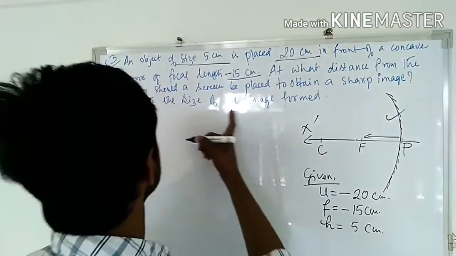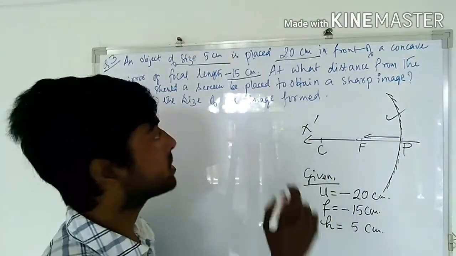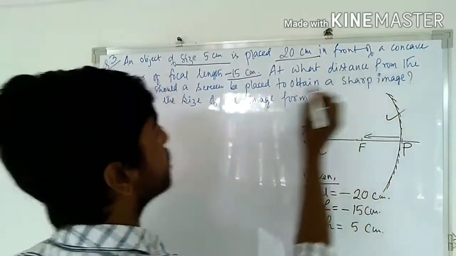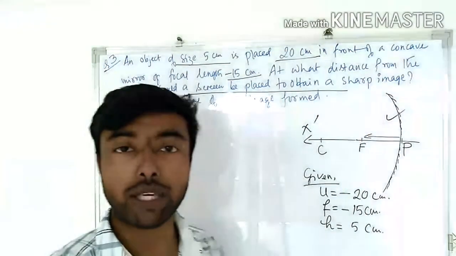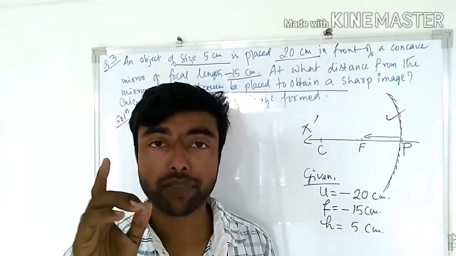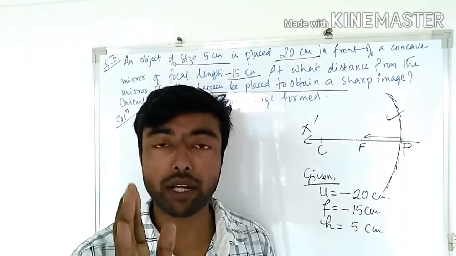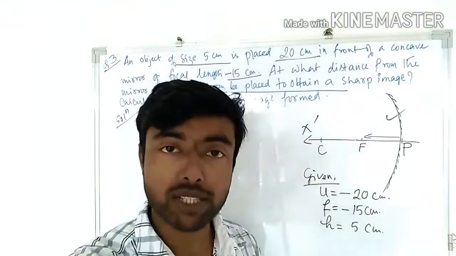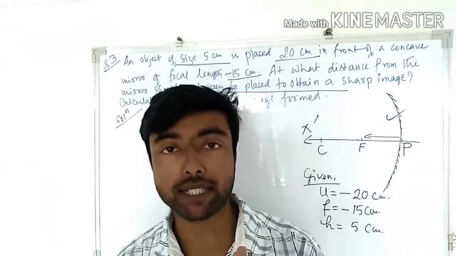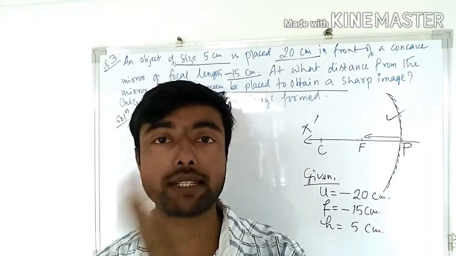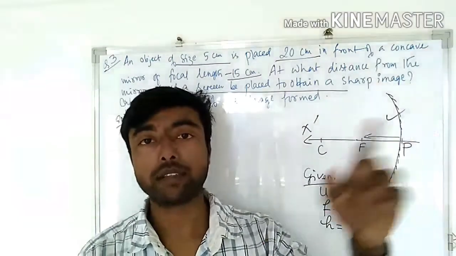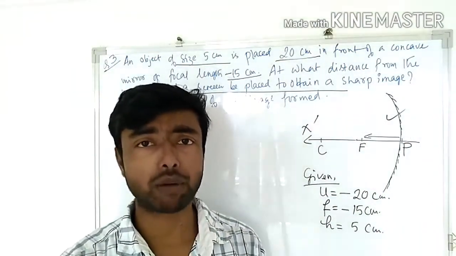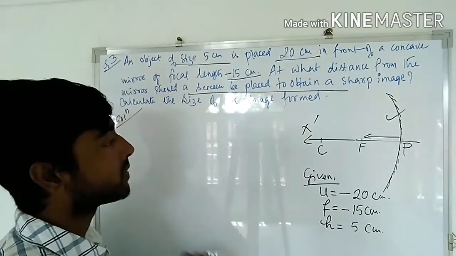The question is to find out the position of the image. At what distance from the mirror should a screen be placed? Now you have to think, whenever it is given to calculate the distance of the screen, you have to understand that this is the image distance. Why? Because the image will be formed on the screen.